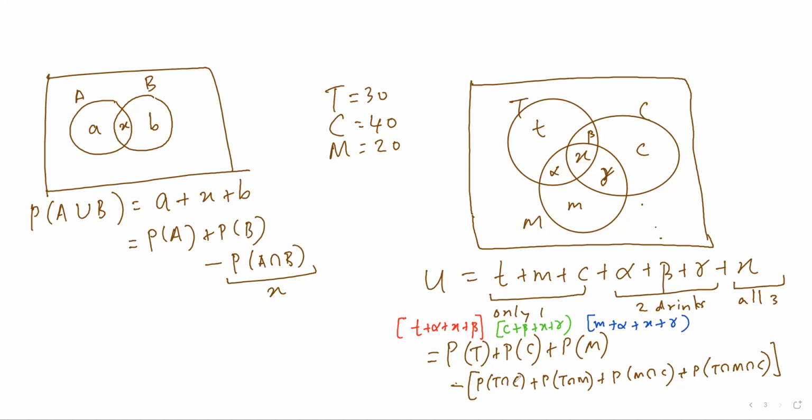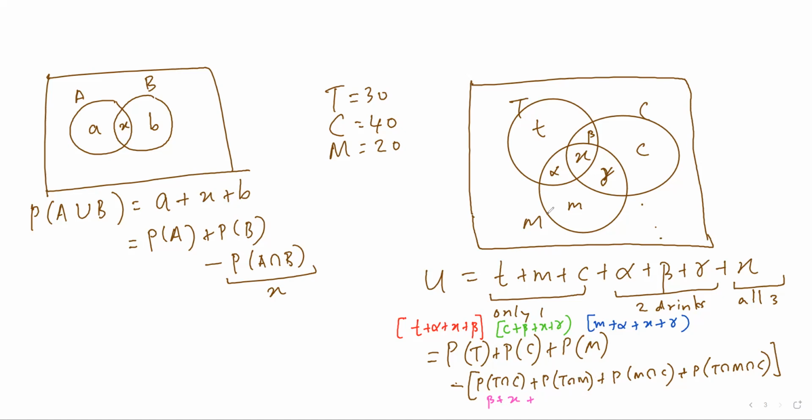T intersection C, we are looking at beta and X. I'll write it in the same line, but you should know that they come in pairs.